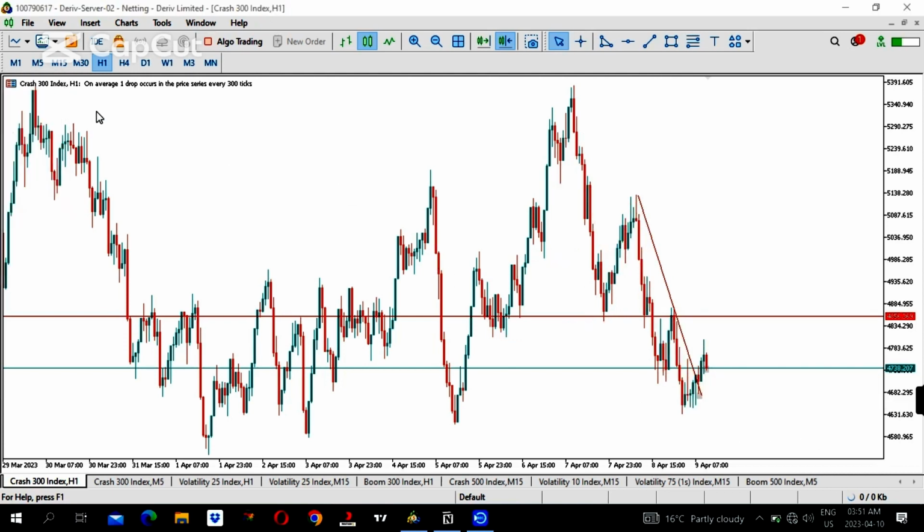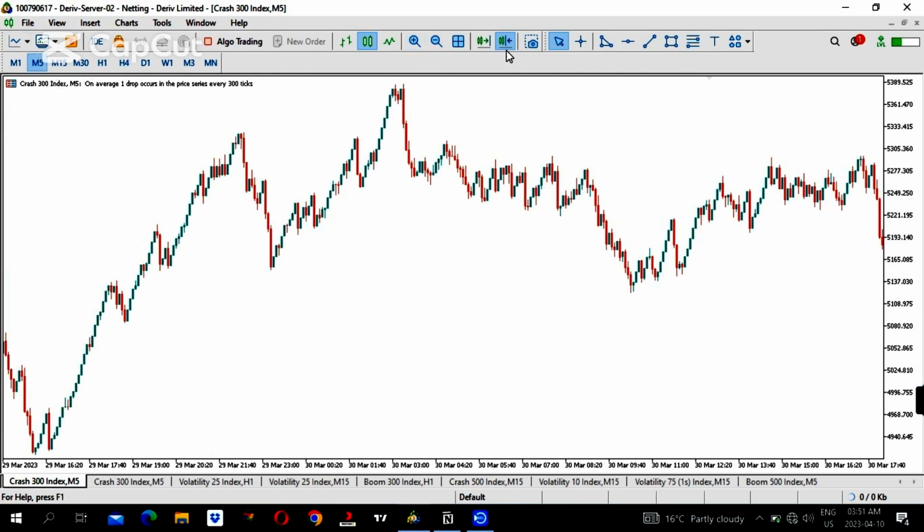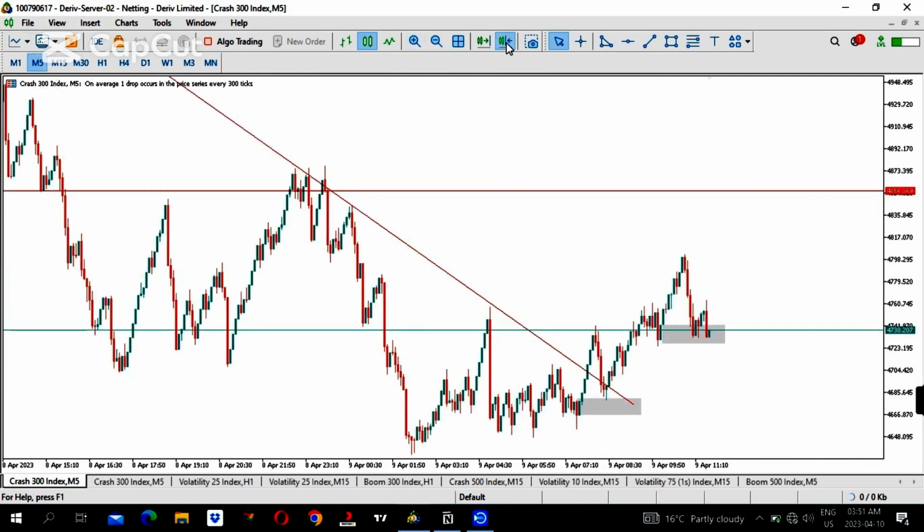After that, I drop down to my 5 minute or my 15 minute, depending on where I find the entry. So after conducting your market analysis on the higher time frame, I drop down to my lower time frame for my entries.